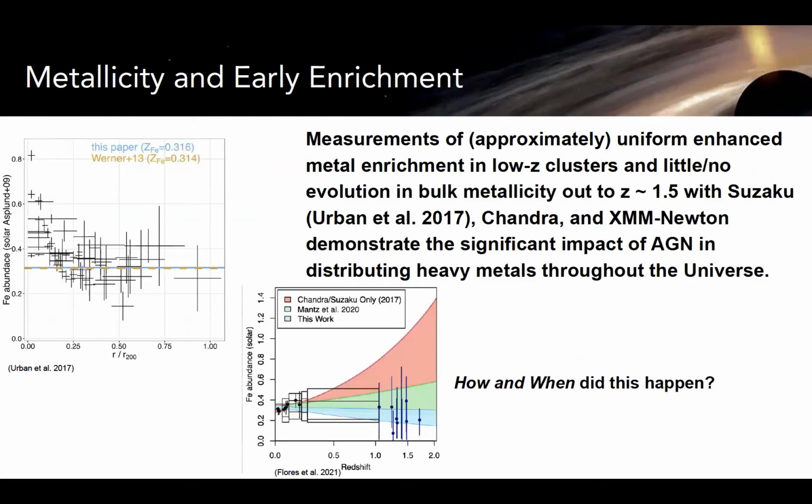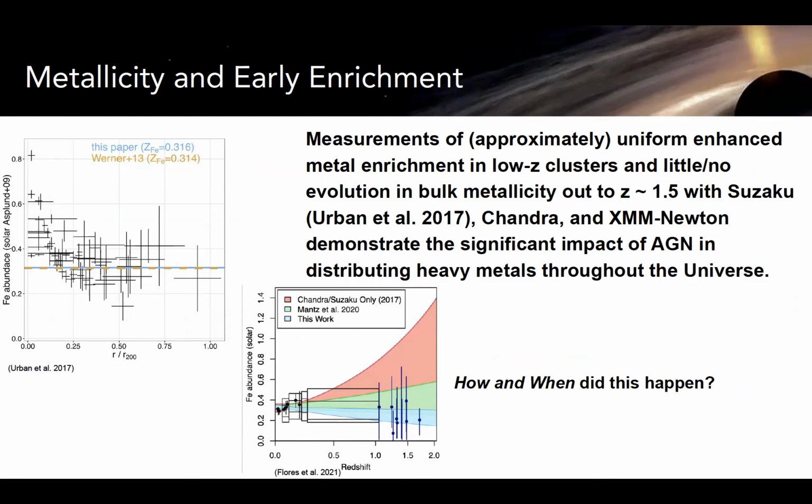One specific science case that I want to highlight when looking at these studies is metallicity and the early enrichment scenario. Looking at local clusters, low redshift measurements of cluster outskirts using Suzaku, what we see is an approximately consistent and constant level of metallicity, both within an individual cluster and from system to system.